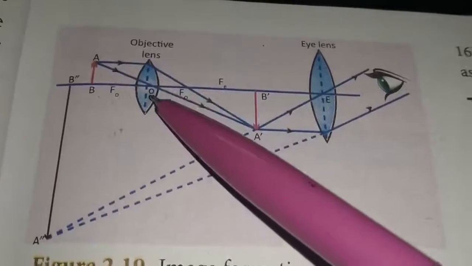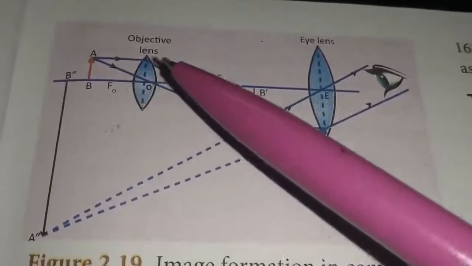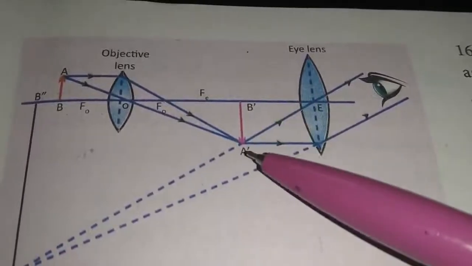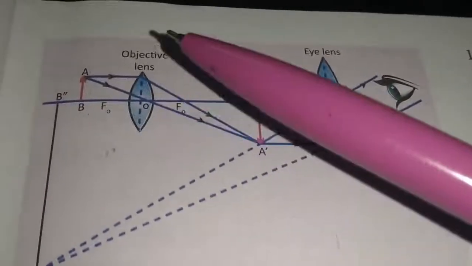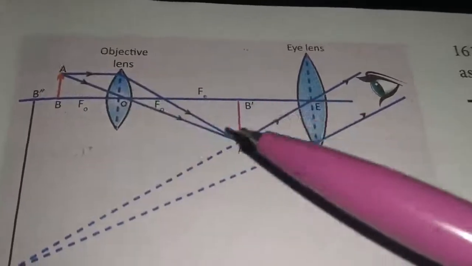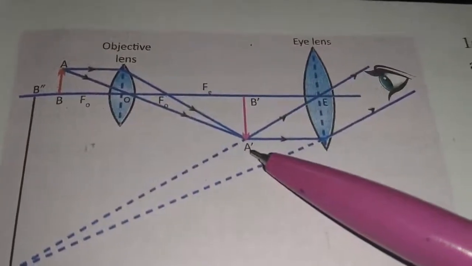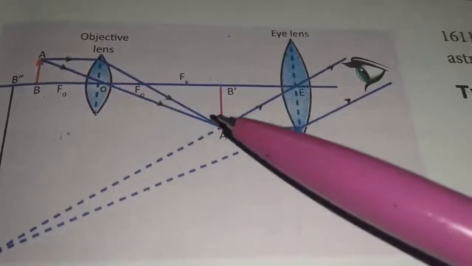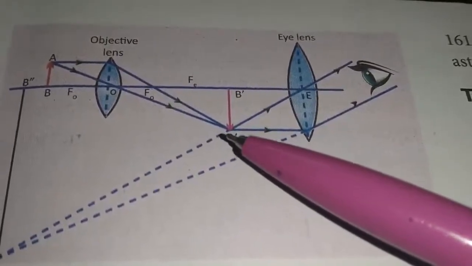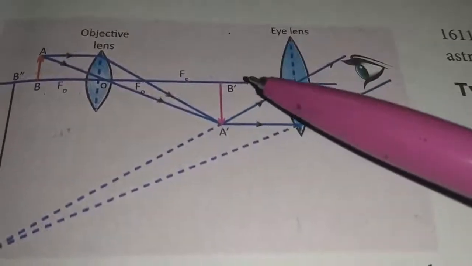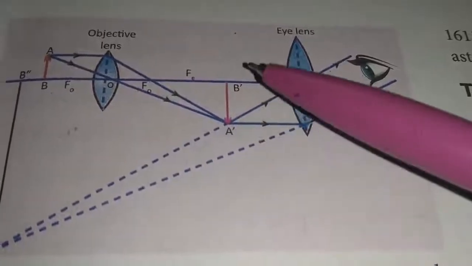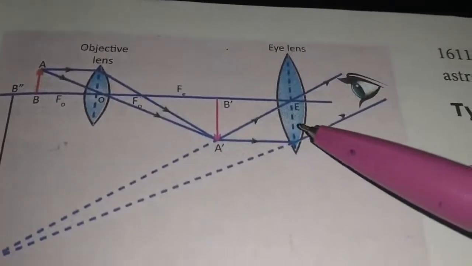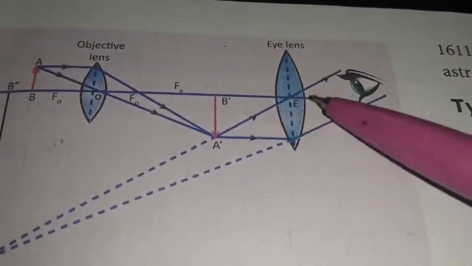So here the image will form on the other side. This B dash, A dash is the image for the first lens, the objective lens. It is a real, inverted, enlarged image, and this image A dash B dash will form the object for the eye lens.